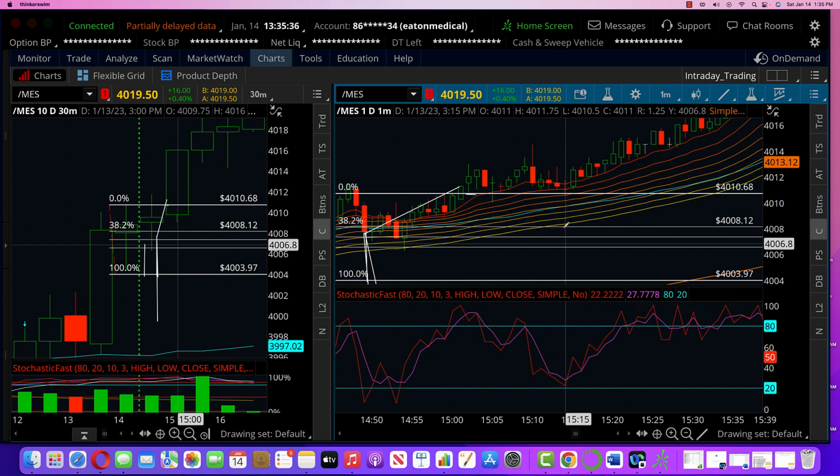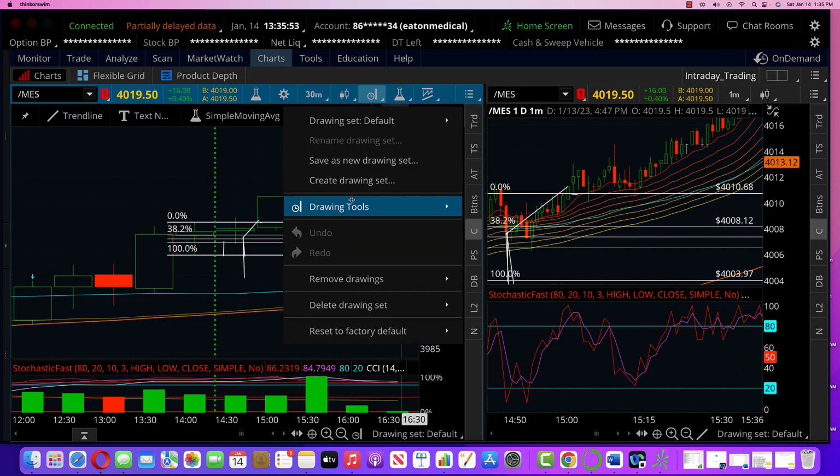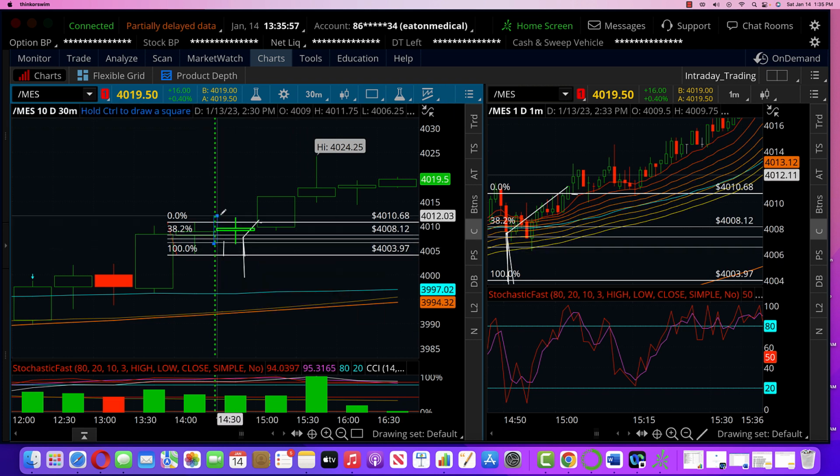Not a great pullback, but nonetheless, you're not taking on a lot of risk at 15.14. Let's see how this candle looks here. If we just highlight that like so.